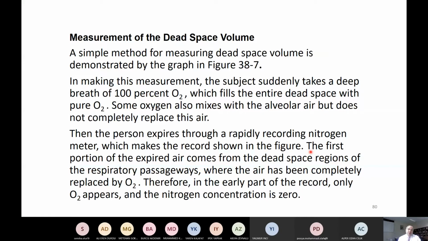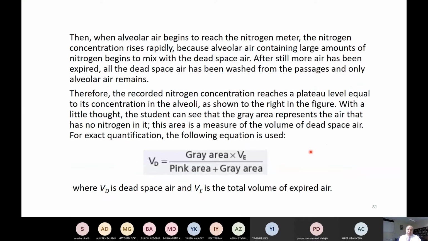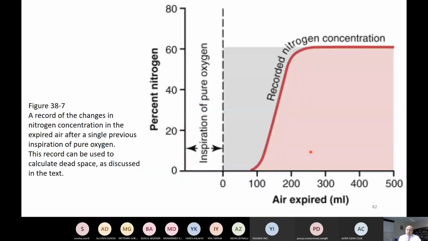We give the person pure oxygen to breathe, and after inspiring the pure oxygen, we measure the nitrogen inside the air that person expires. This is the graph, as you see.